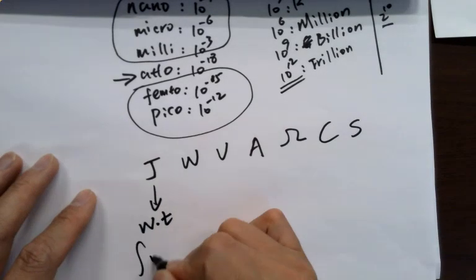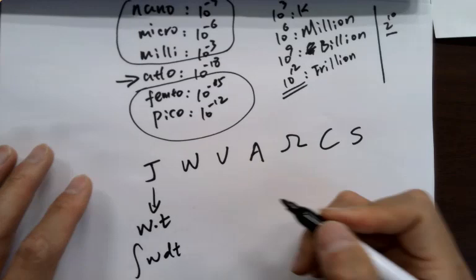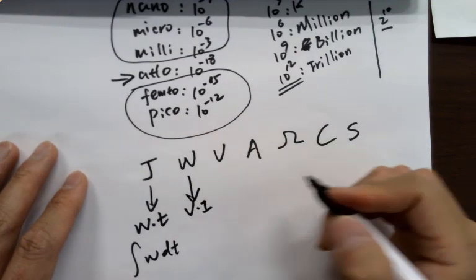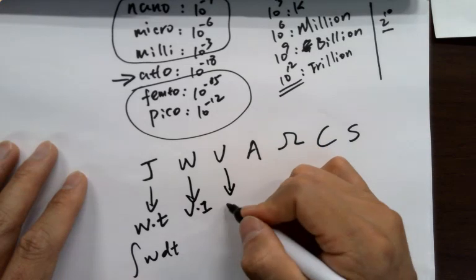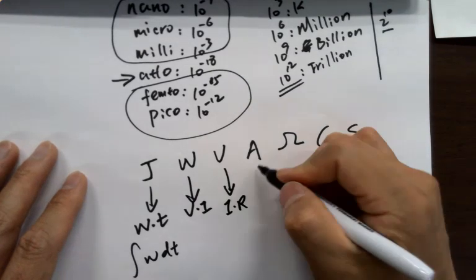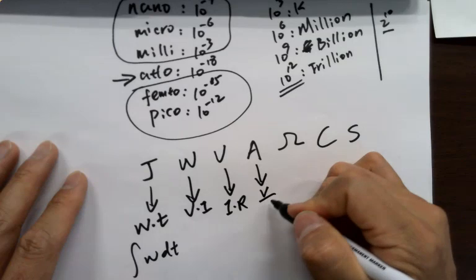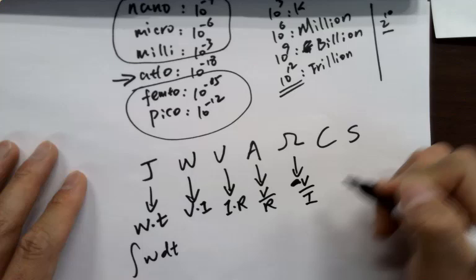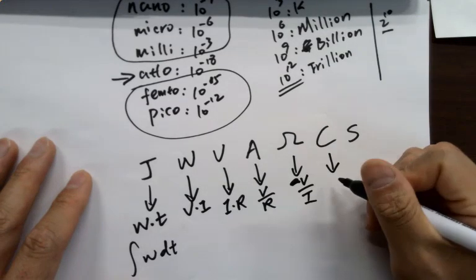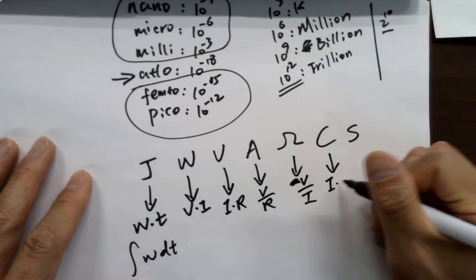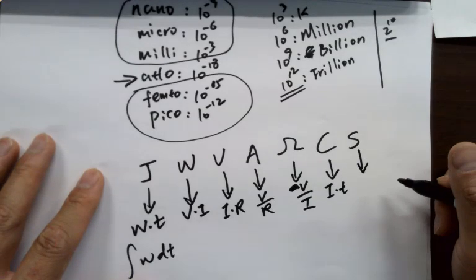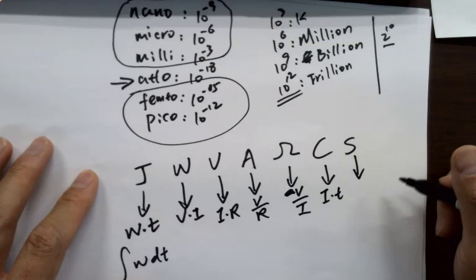Or integration of power over t. This is V times I. This is I times R. This is V over R. This is V over I. Charge is I times t. It's just a base unit.